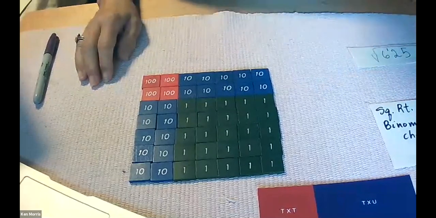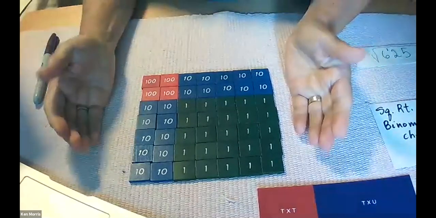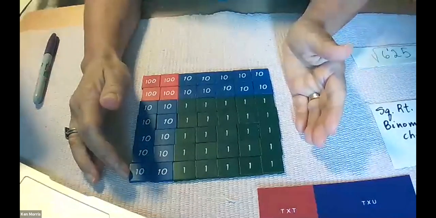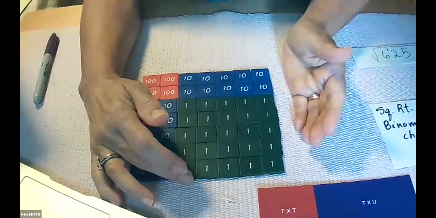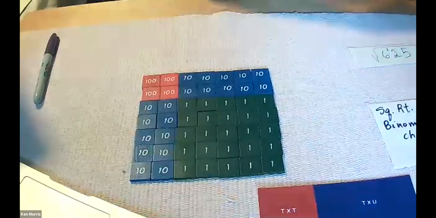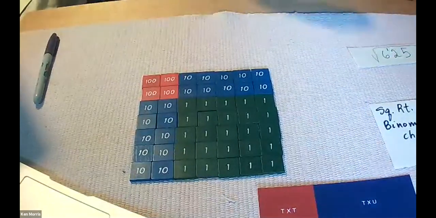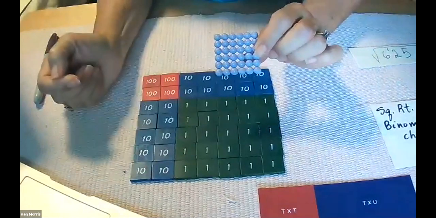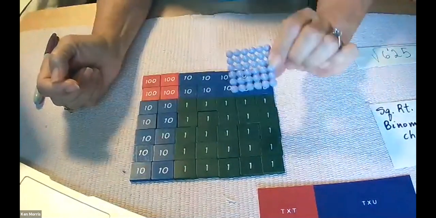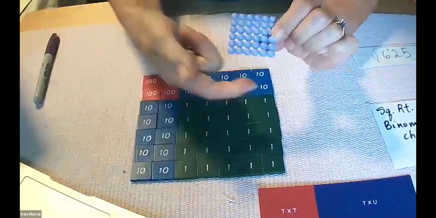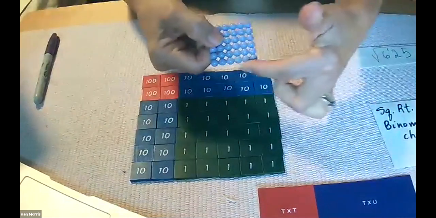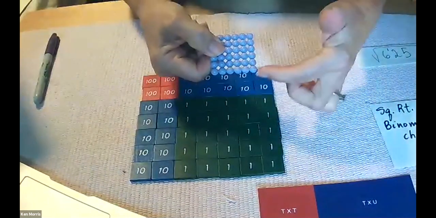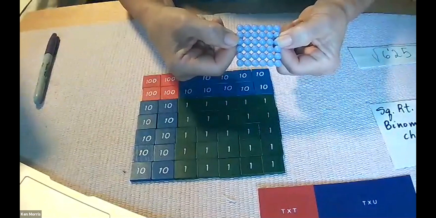Okay, so there we go. We've completed our square. If you recall, when we were talking about square roots, we said that to read the answer to a square root problem, we're going to go to the sides, right? This is the square of 36.